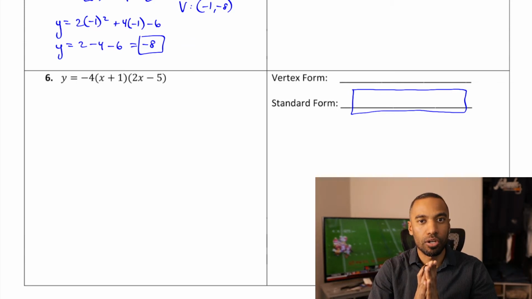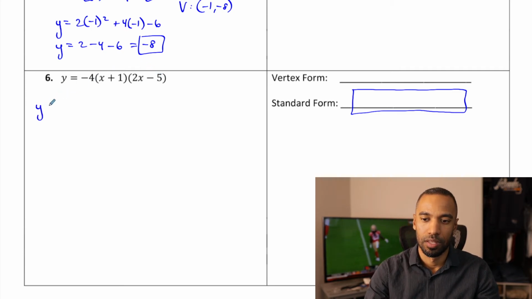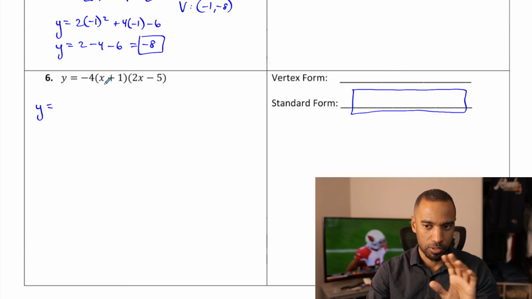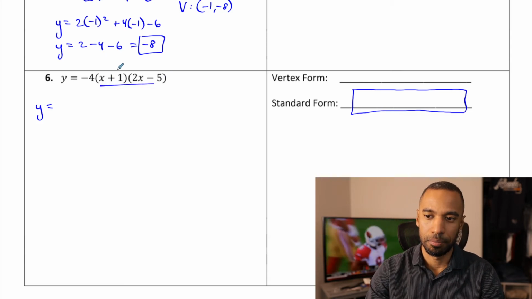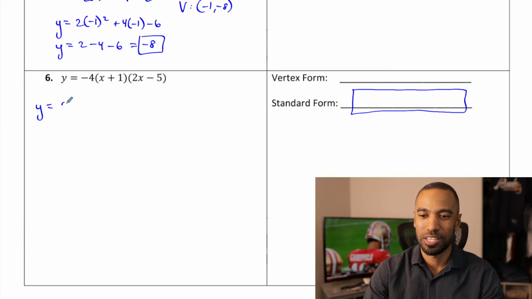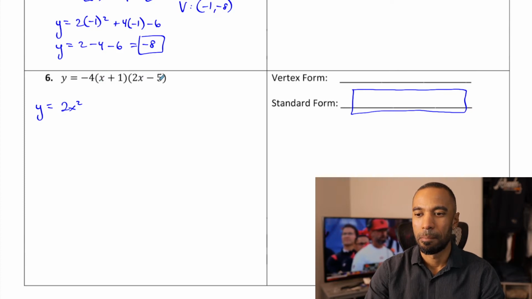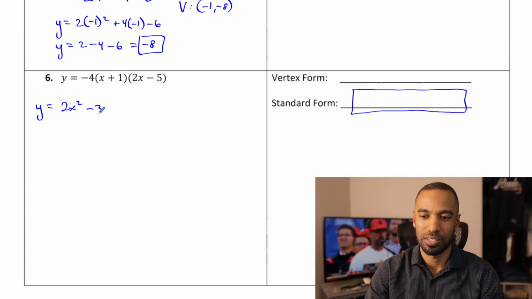All right, standard form first. Let's distribute everything out here. I'm going to start with foiling here. I like the 2x squared term first. 2x squared minus 5x plus 2x minus 5.